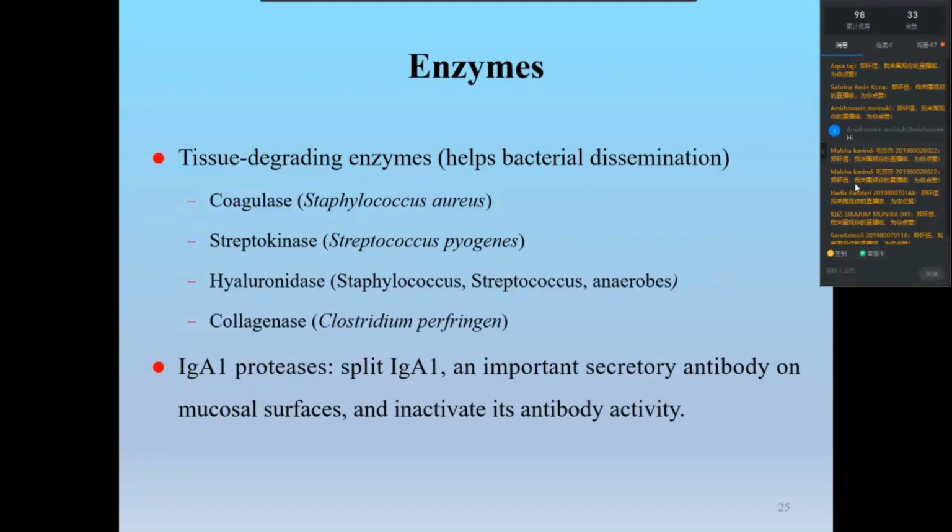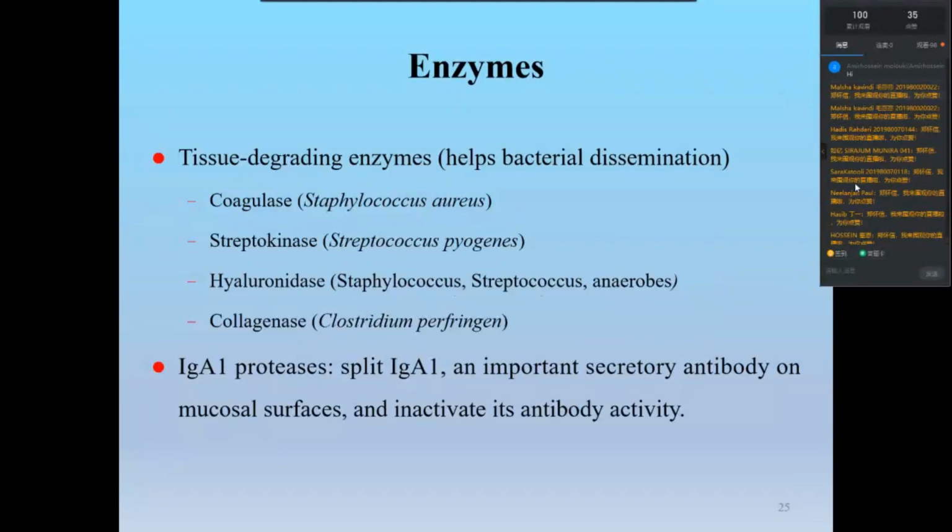Here is a list of different enzymes in this category, like collagenase, streptokinase, and hyaluronidase. Those are different enzymes, and also coagulase. Coagulase is not a tissue degrading enzyme, but it can cause the clotting of serum.